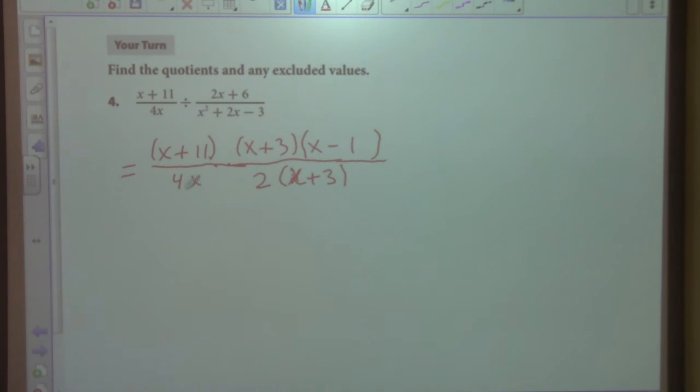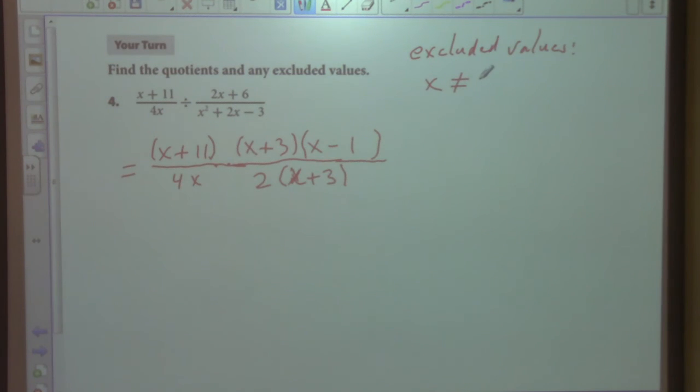Okay, now before we go ahead and simplify this out, let's list our excluded values. So x, what are the excluded values here? 0.